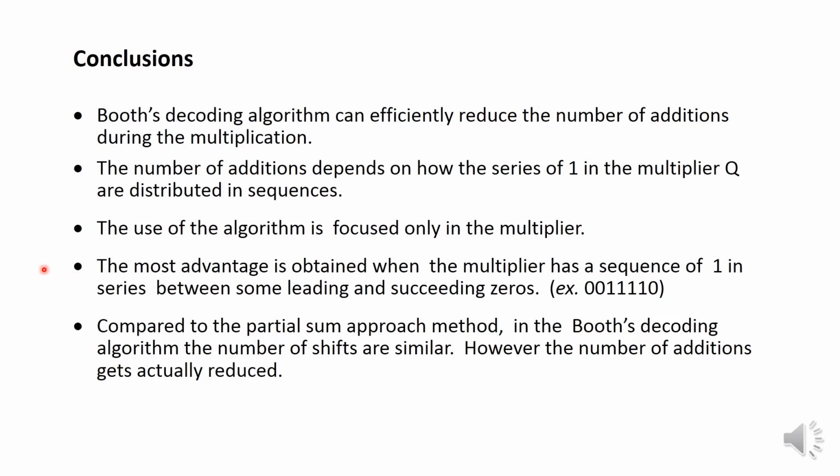The most advantage is obtained when the multiplier has a sequence of ones in series between some leading and succeeding zeros. Compared to the partial sum approach method, in the Booth decoding algorithm, the number of shifts are similar. However, the number of additions gets actually reduced.